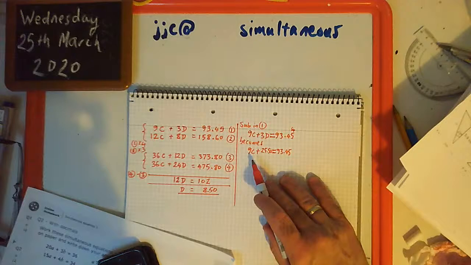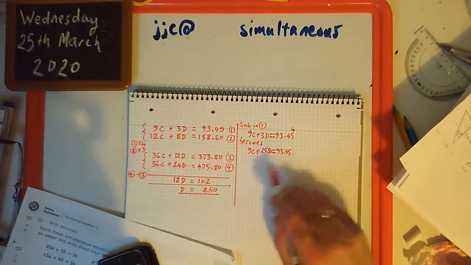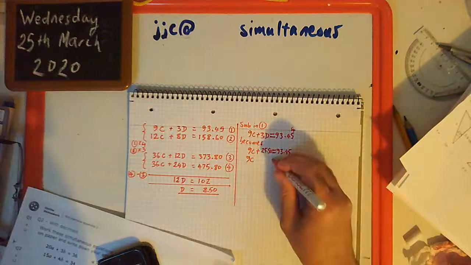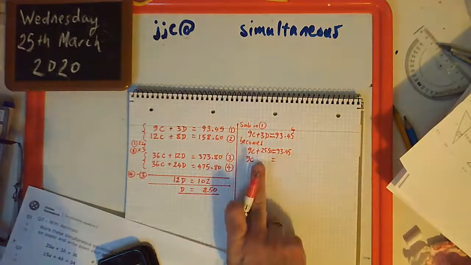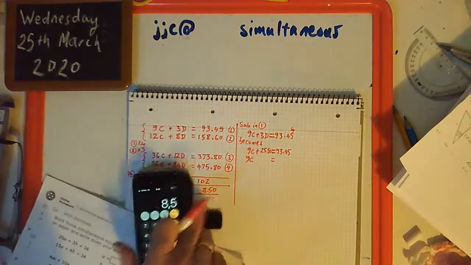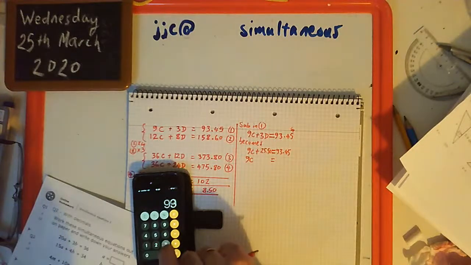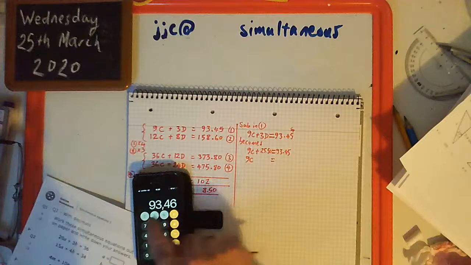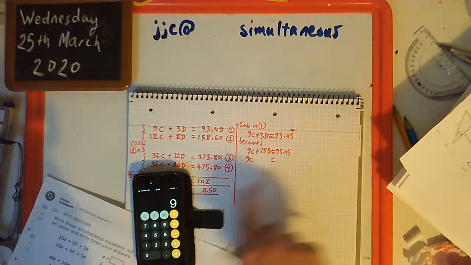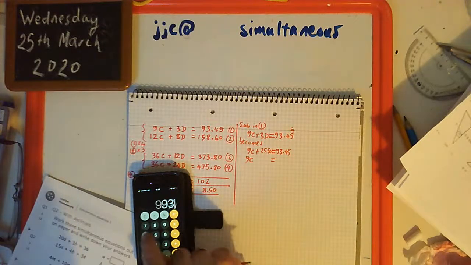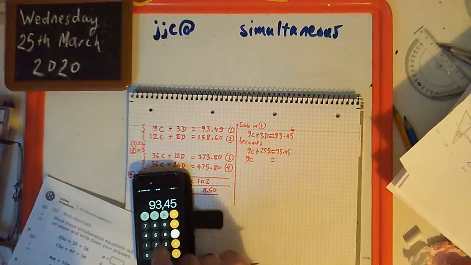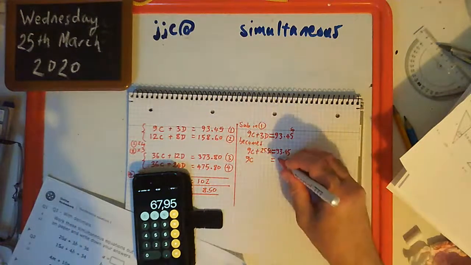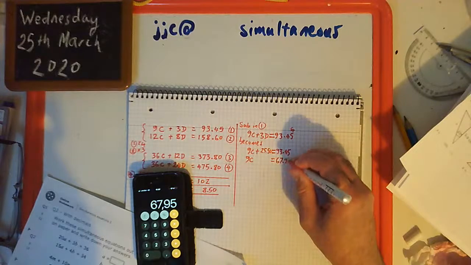Okay, so 9c plus 25.50 is 93.45. I'd like to get the bit with c on its own, so I'm going to take away the 25.50. But because an equation is like a balance, if I take away 25.50 from the one side, then I've got to take it away from the other side. So the 93.45 take away 25.50 is 67.95.